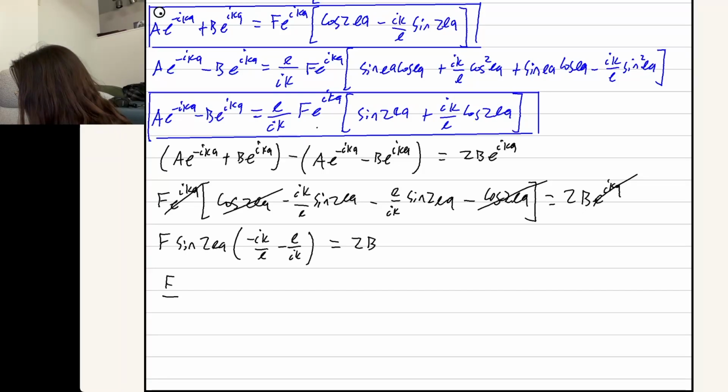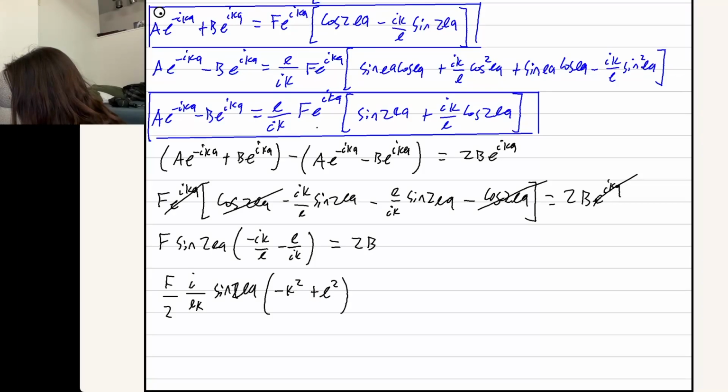Let's divide the equation by 2 since we are solving for b after all. And let's also factor out an i over Lk from the funky term. So we have sine 2LA all times, and then this is going to be minus k squared plus L squared.